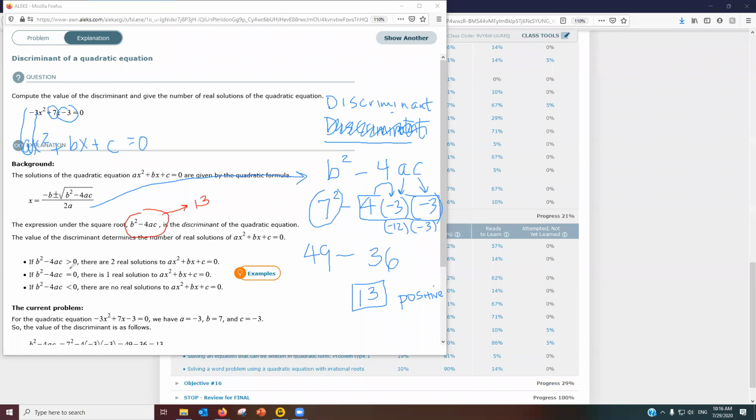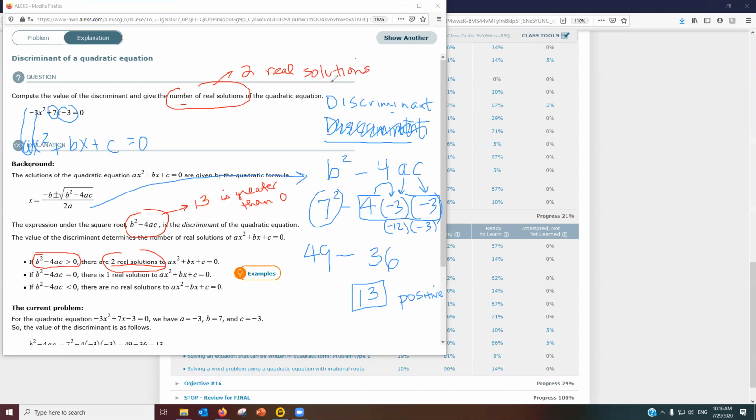Now I come here. It says if that answer is greater than 0, that means there are 2 real solutions. So our number is greater than 0, and our conclusion is there's going to be 2 real solutions. So when they ask us, what's the number of real solutions? The answer is 2 real solutions.